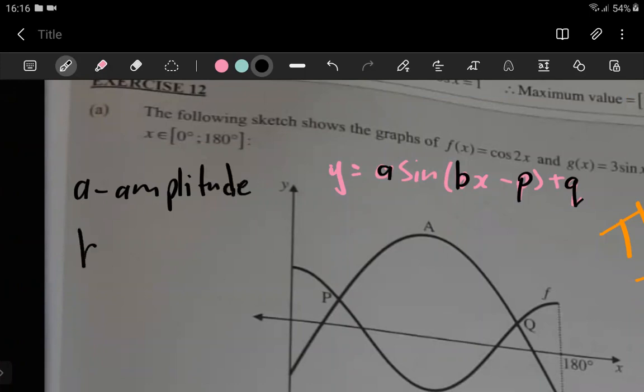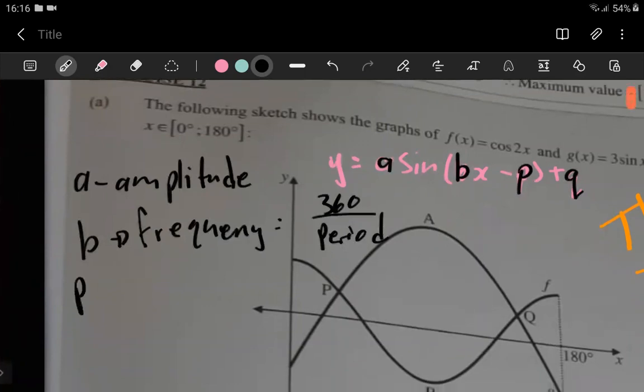You see, B is the frequency, of which the frequency is equal to 360 divided by the period. You see, this is already a formula, where if you need frequency, you can use it.